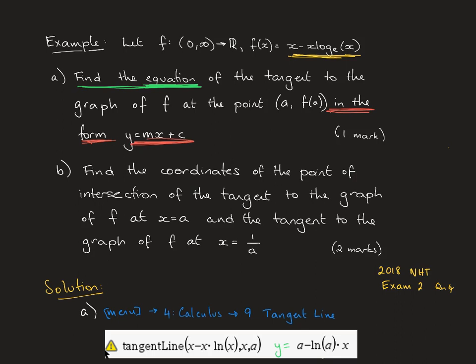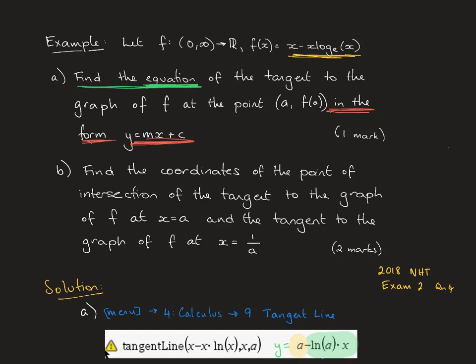So even if we just whacked a y equals on the front here, this isn't in the form of y = mx + c. It's close, but our m is the coefficient of x. So our coefficient of x is in fact that bit there. There's our mx, and that is our c.